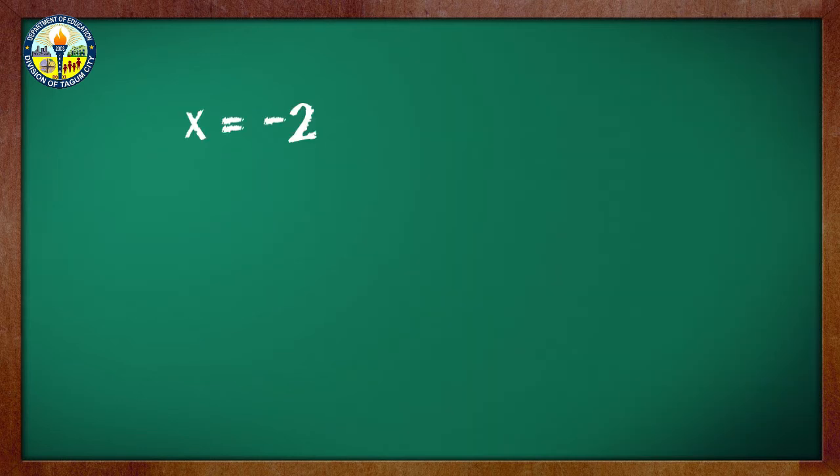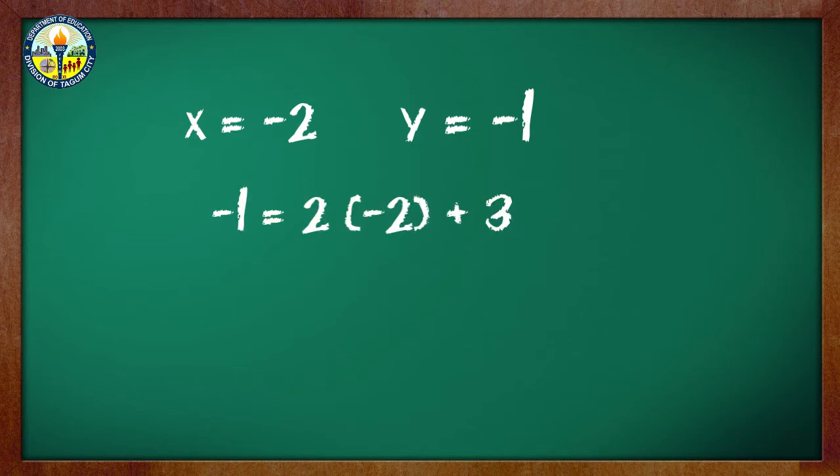We said x equals -2 and y is -1. Substituting the values of x and y on the equation y equals 2x plus 3, we got -1 equals 2 times -2 plus 3. Simplifying, we got -1 equals -1.